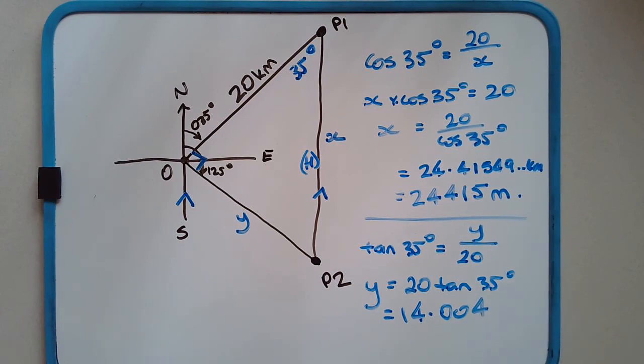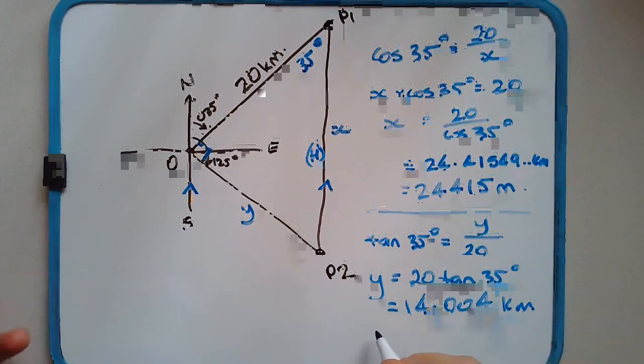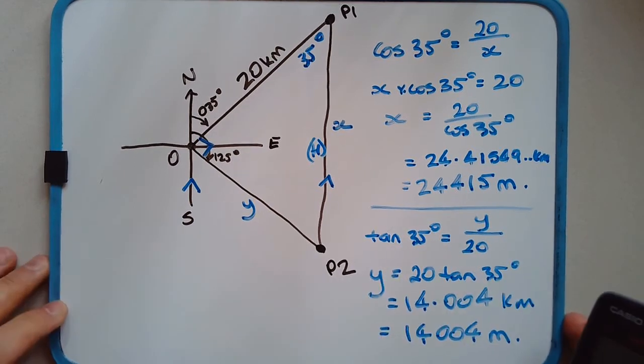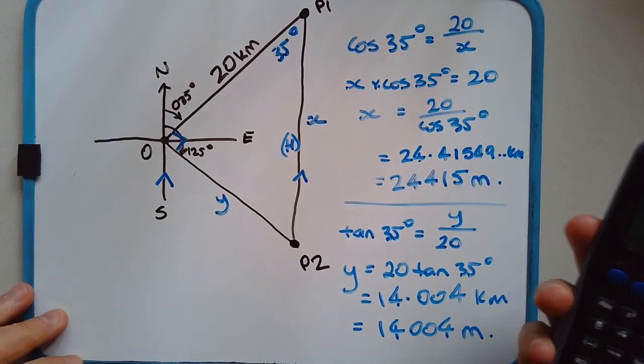Multiplying that by 1,000, that's kilometers, and that's 14,004 meters apart.